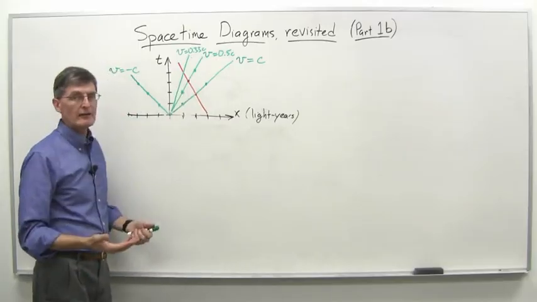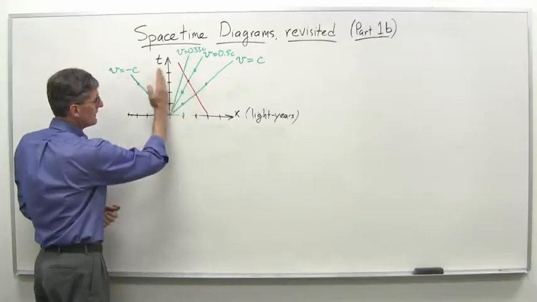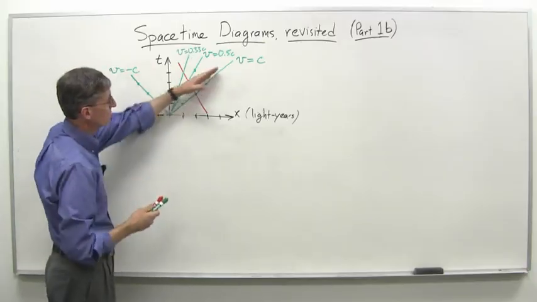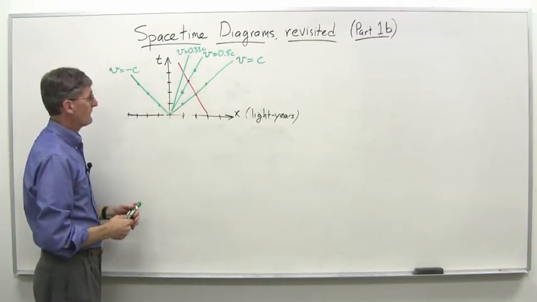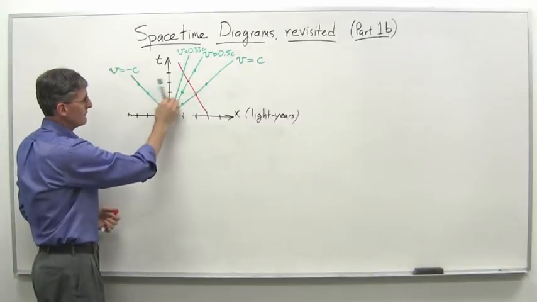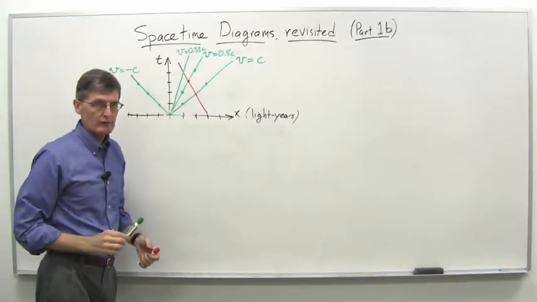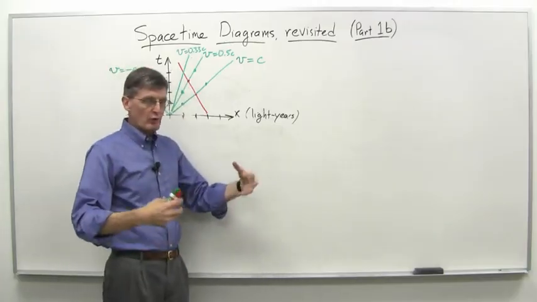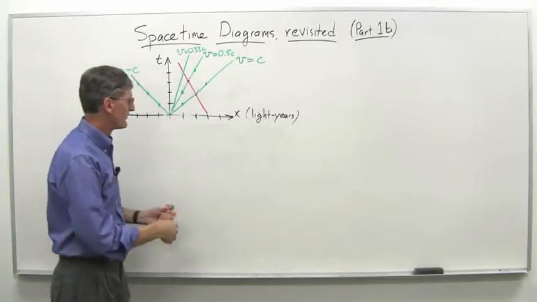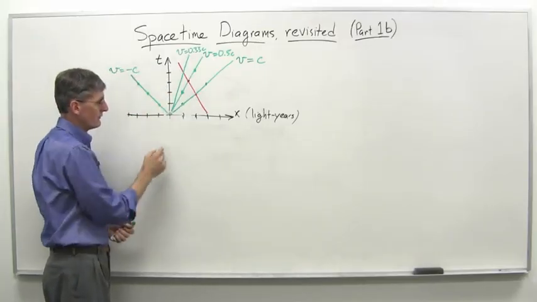And so all the lines we see are going to be in this region here between v equals c going that way and v equals negative c going that way. And so you'll see them typically angled like that, like 0.5 c, 0.33 c. Note that quote-unquote normal everyday velocities would essentially be vertical lines.